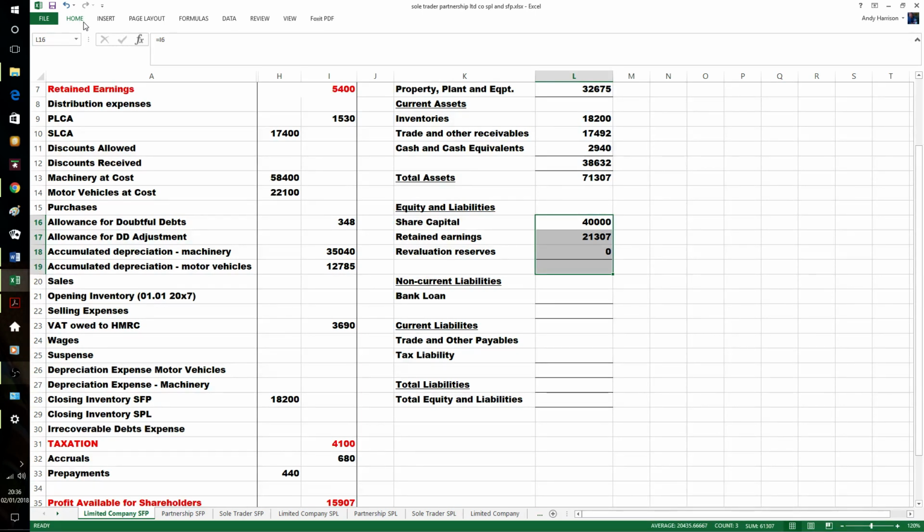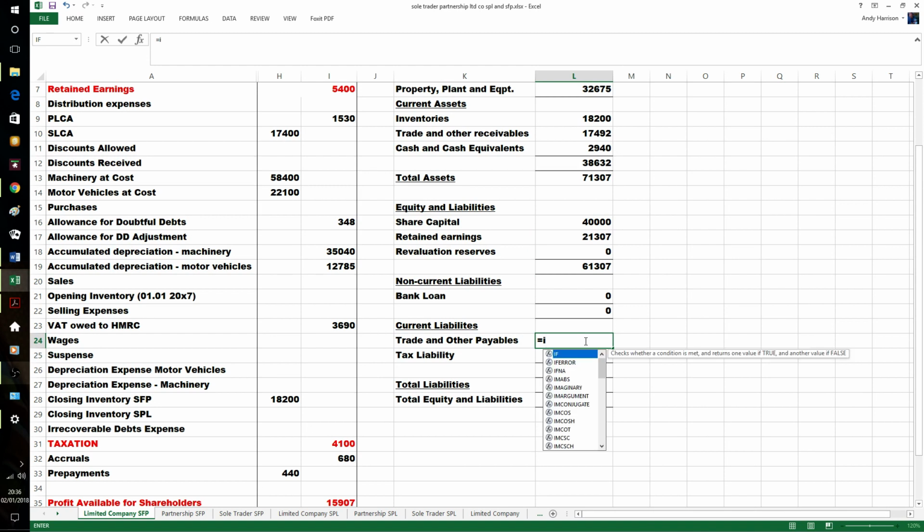Current liabilities, trade and other payables. Well, what do we owe? We owe money to purchase ledger control account. We've also got an accrual, and our VAT could go in trade and other payables or tax liabilities, depending on the wording, depending on our accounting concepts, principles, statements, as long as we're consistent and do it the same every year.